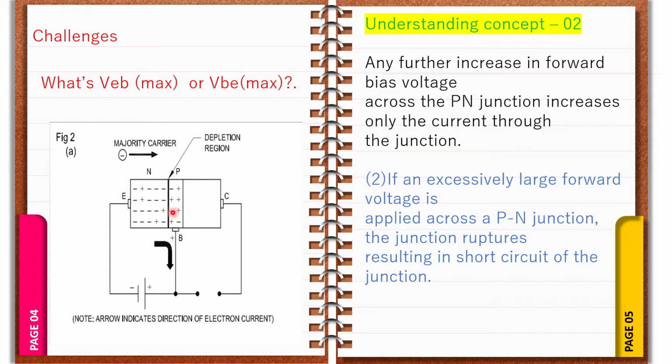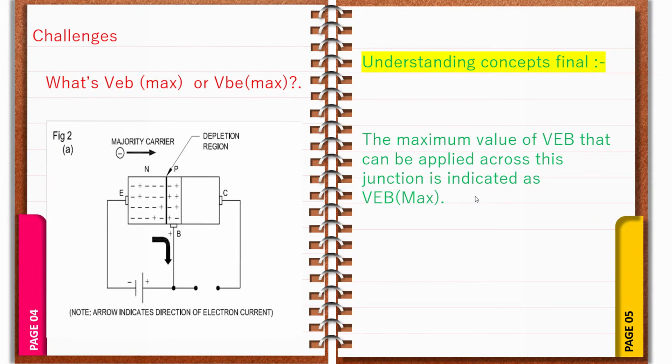Now coming to what the emitter base maximum voltage is. Emitter base maximum voltage means how much maximum voltage I can apply to this PN junction without any rupture, without any damage, without any short circuit.